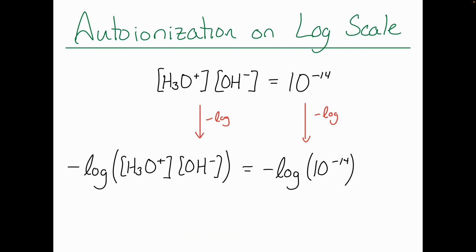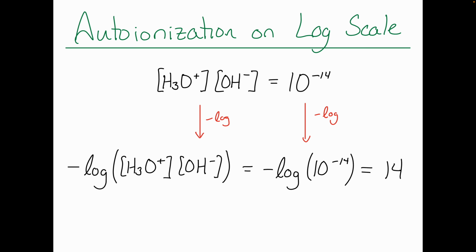So the negative log of 10 to the negative 14 is just some number. All right, so let's punch it into our calculator. Negative log 10 to the negative 14. What do we get? 14. Cool, so this side simplifies to just that simple number 14.